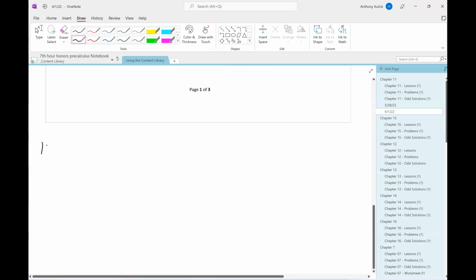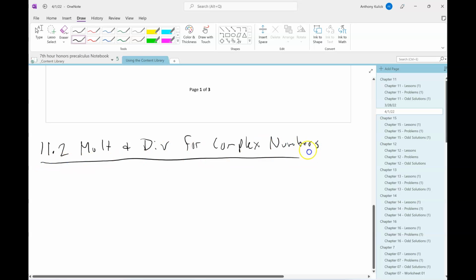Today, we're going to do 11.2. So this is multiplication and division for complex numbers. So we're going to go back in time.